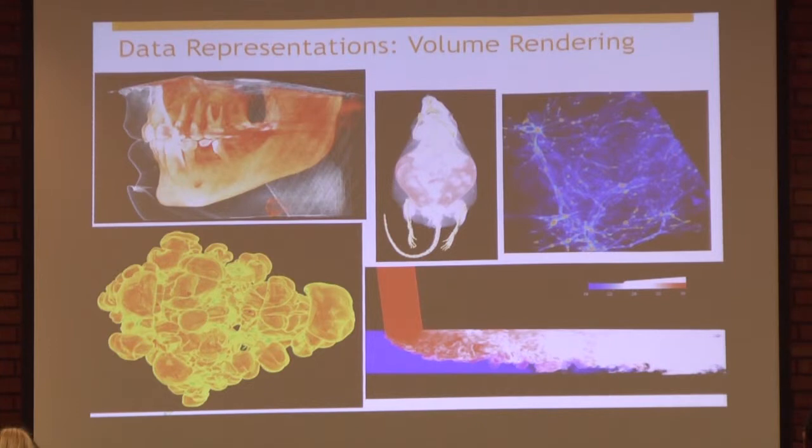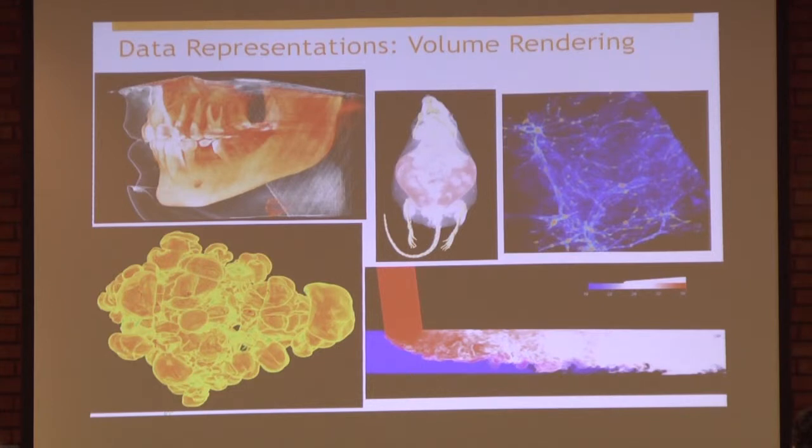We'll talk now about different types of representations and try to tie these back into some of those visual cues and some of the categories we talked about at the beginning. Volume rendering is a way of taking 2- and 3-dimensional data and turning it into a 2D image, where you apply a transfer function that maps color and transparency to each value in the volume.